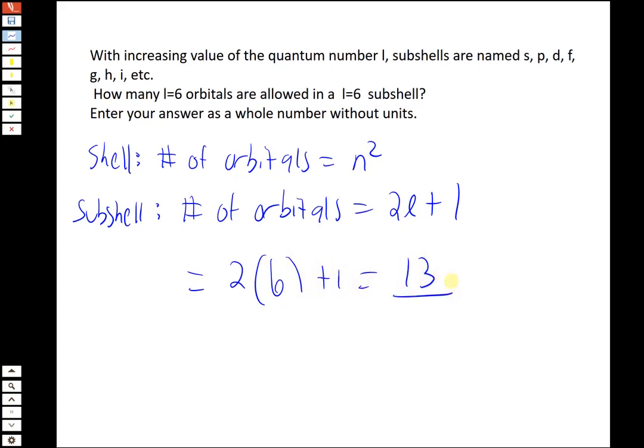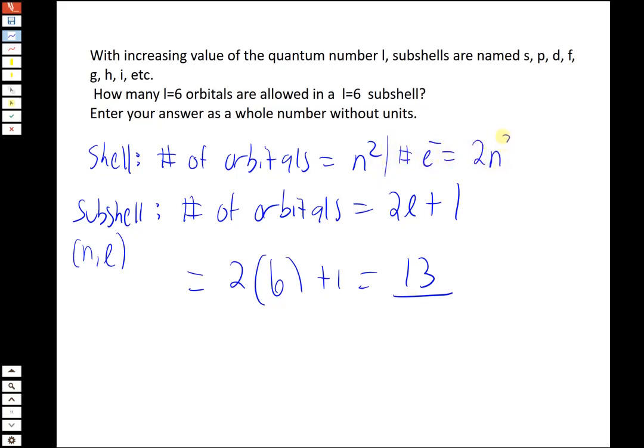A subshell is defined as an n and an L value together, but the number of orbitals in that subshell does not depend on n. So if L equals 6, whether n equaled 7, 8, 9, 10, whatever, the number of orbitals would just be given as 2L plus 1, which is 13 for any L equals 6 subshell. So that's number of orbitals, and then again the number of electrons would just be 2 times that.